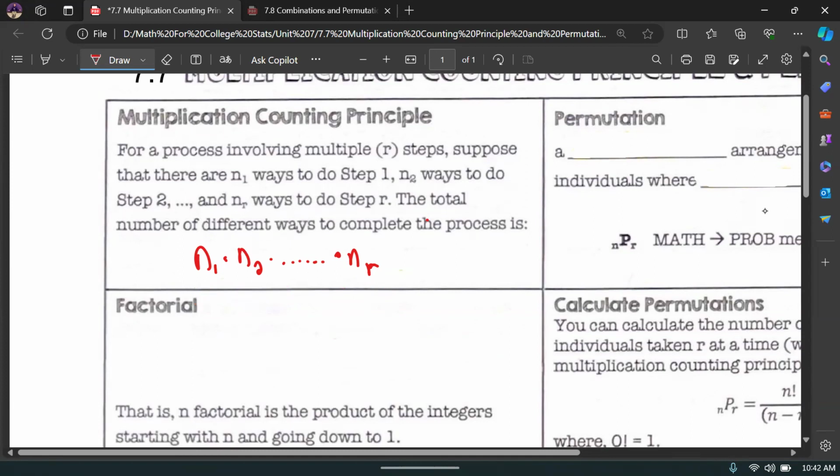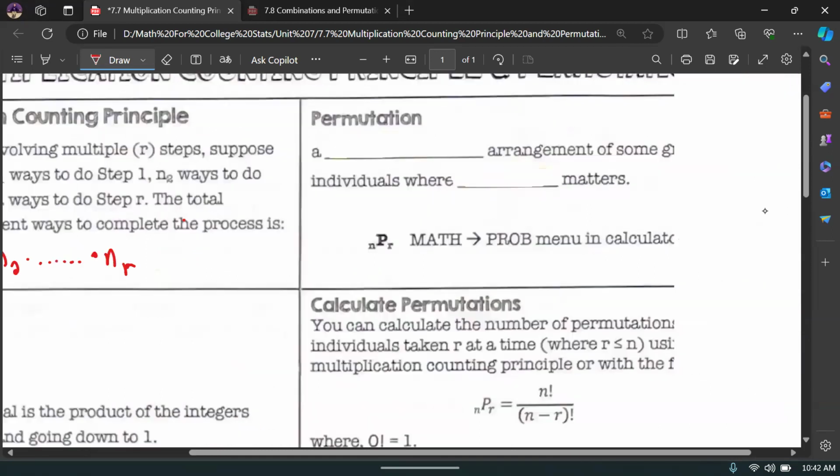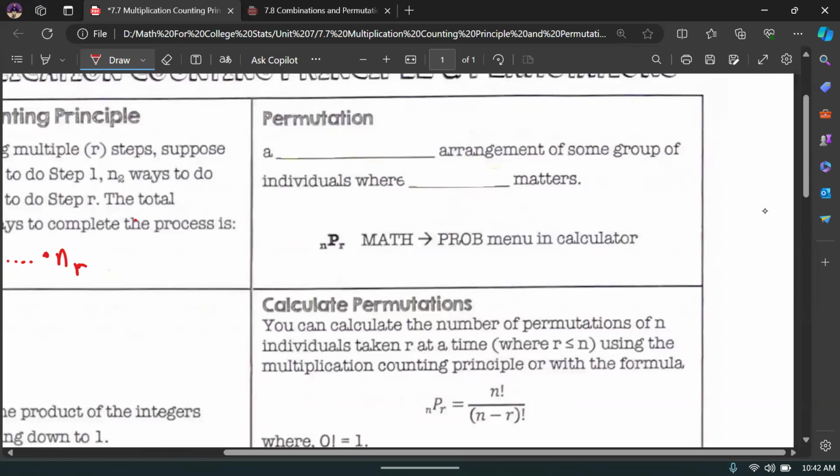Alrighty then. A permutation is a distinct arrangement of some group of individuals where order matters.